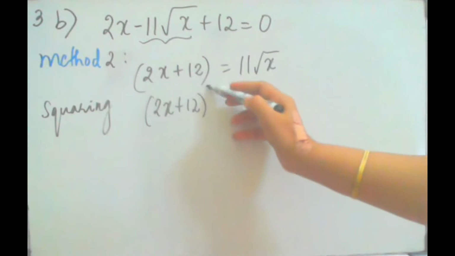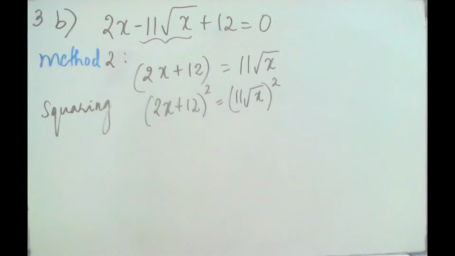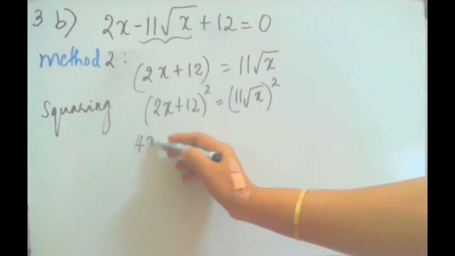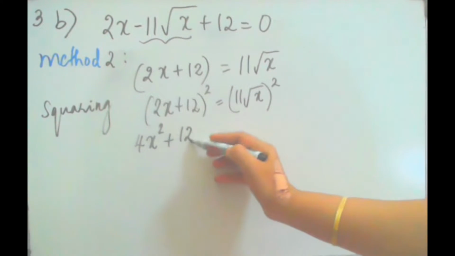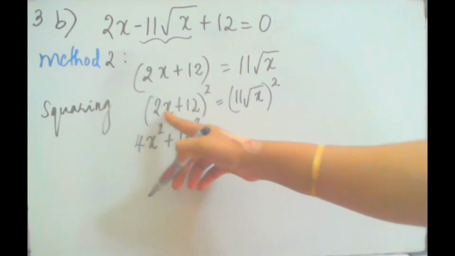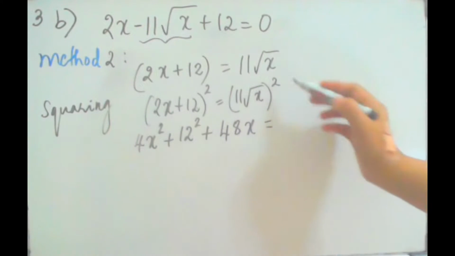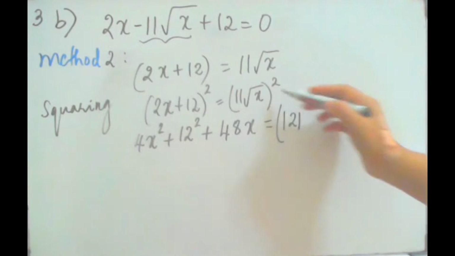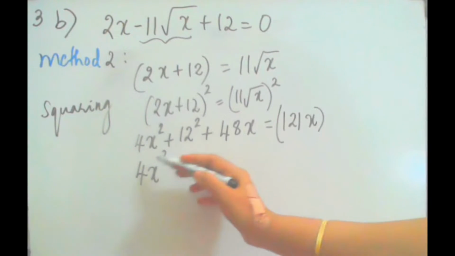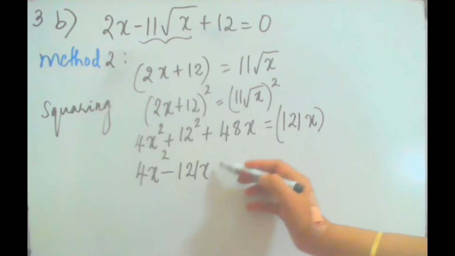2x plus 12 whole square is equal to 11 root x whole square. Squaring this as a plus b whole square, we get a square plus b square plus 2 into a into b. 2 into 2x into 12, we get 48x, equal to 11 square is 121, root x square is x. So we will rearrange this one now. 4x square, bring this 121x to the other side.